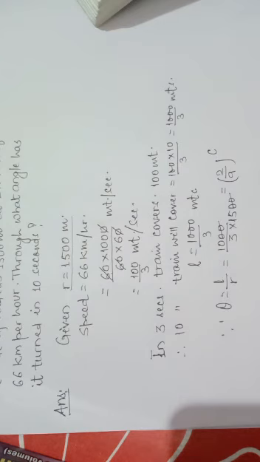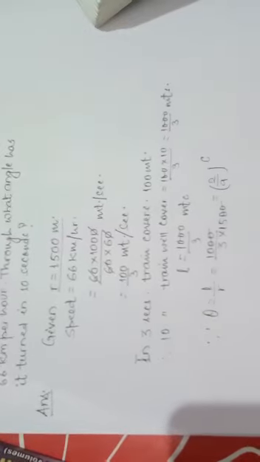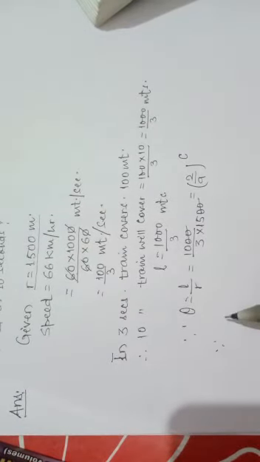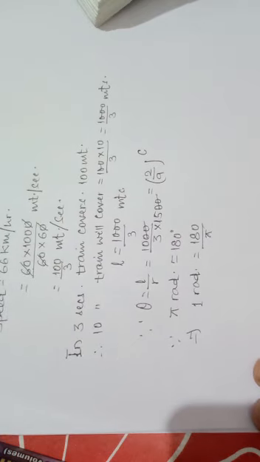You have to find theta in degree also. Since pi radian is 180 degree, 1 radian should equal 180 by pi degree, and 2 by 9 radian should equal 180 by pi into 2 by 9 degree.